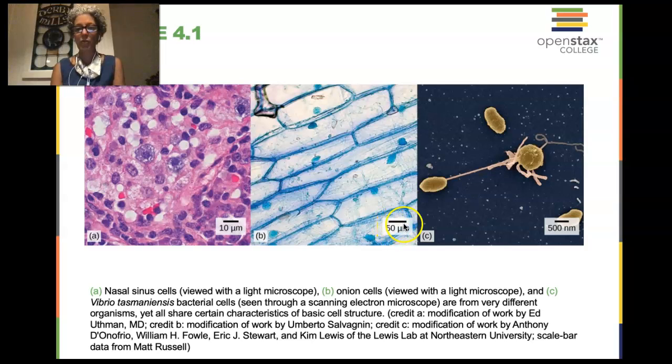But when this bar represented 500 microns, with the prokaryotic cell, that same length represents 500 nanometers. So that is 0.5 microns. So the bacterial cells, the prokaryotes, are extremely tiny relative to either of the eukaryotes.